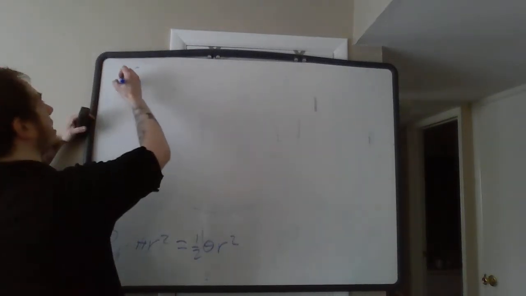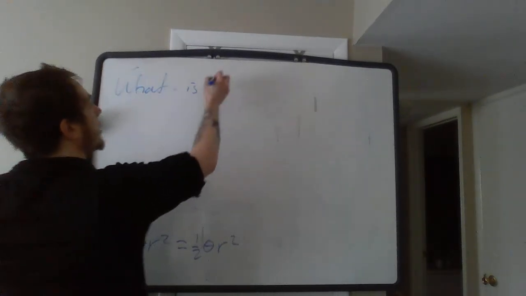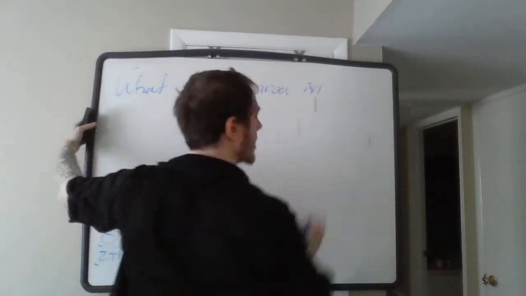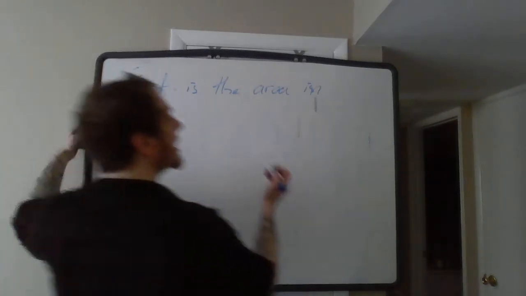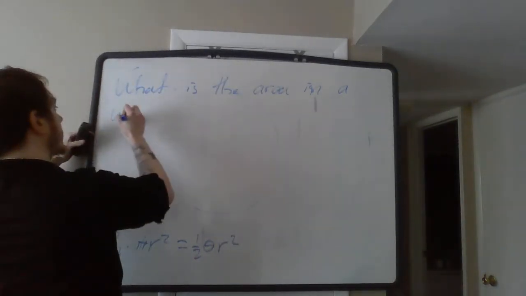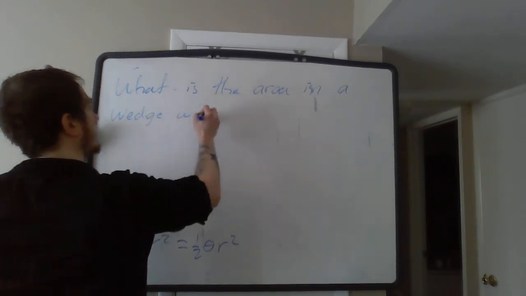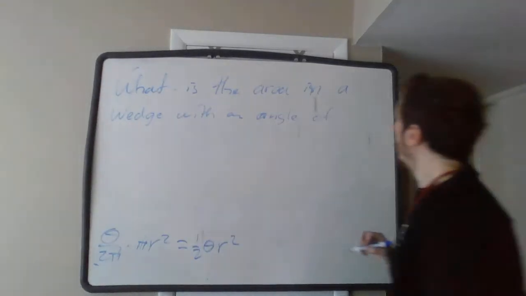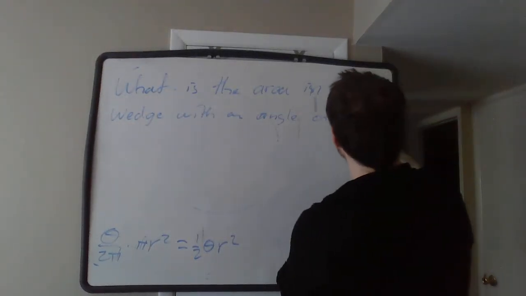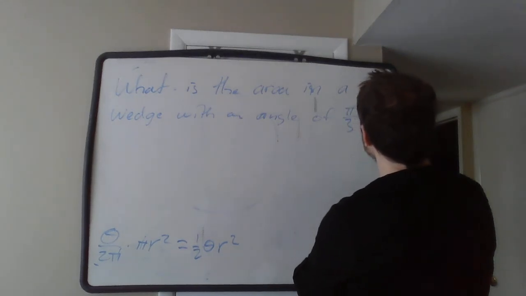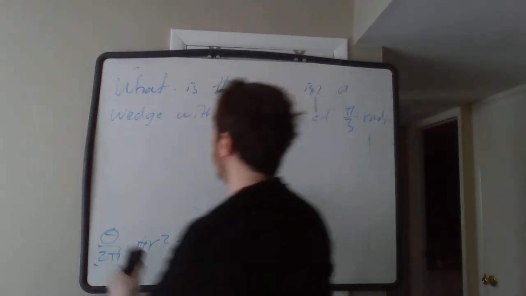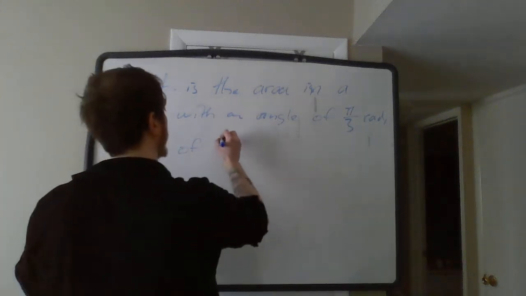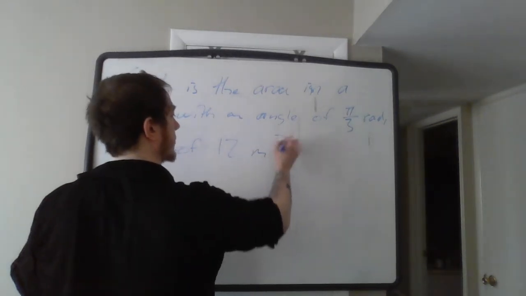So let's see if we can find what is the area in a wedge with an angle of, let's say that we want to do pi over 3 radians, and a radius of 12 meters.